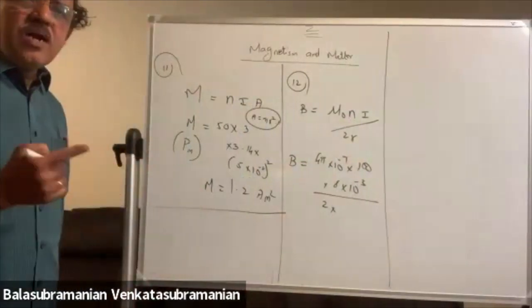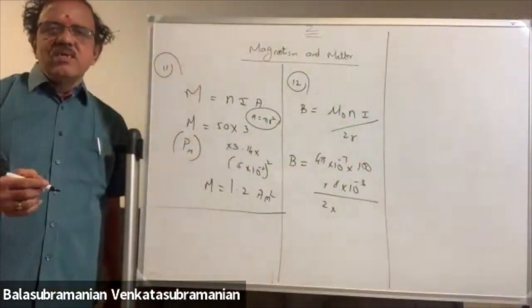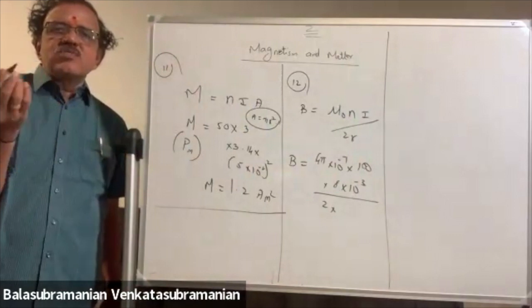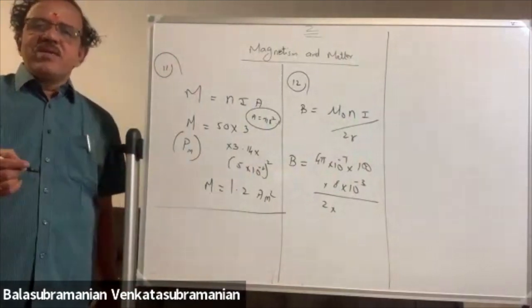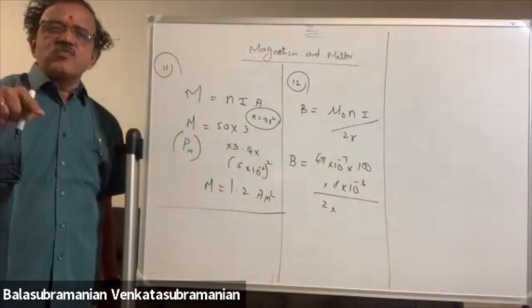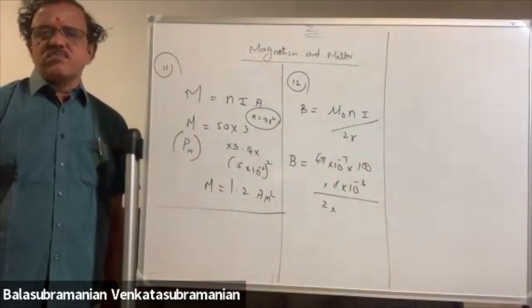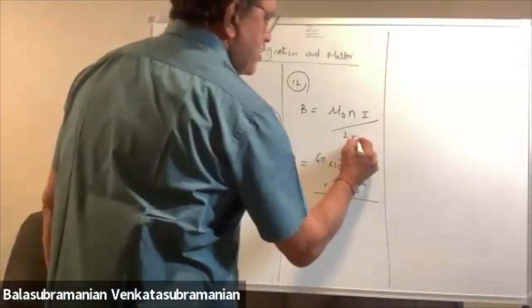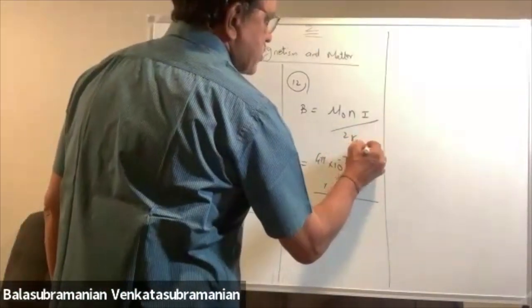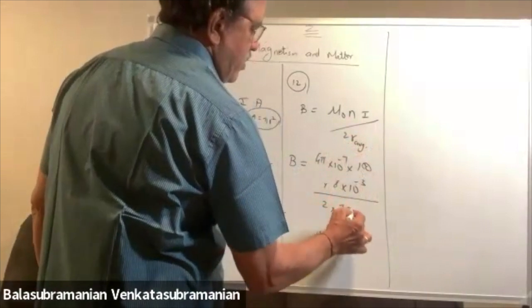Here only one R is given, but inside and outside radii are given as 50 millimeter and 100 millimeter. So we should take the average radius into account. This point is very important here. This is the average radius, 75 millimeter.